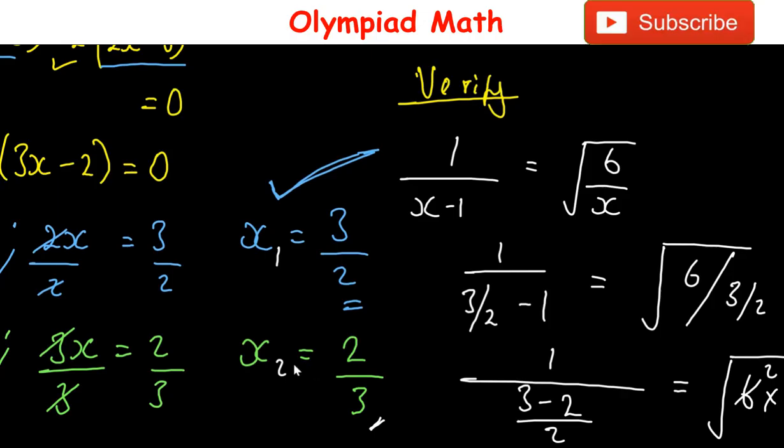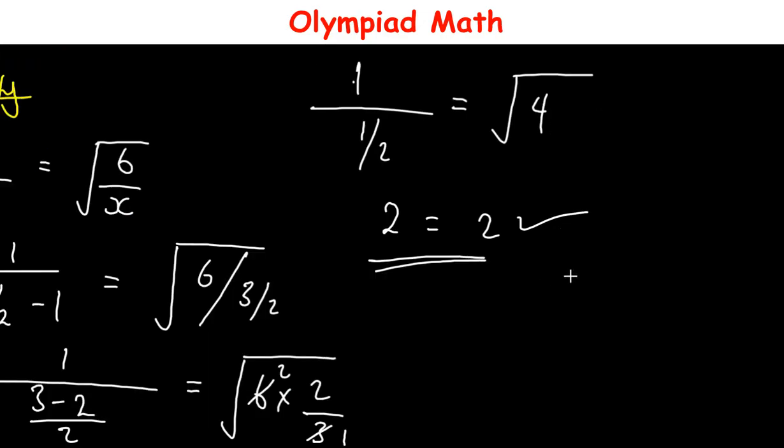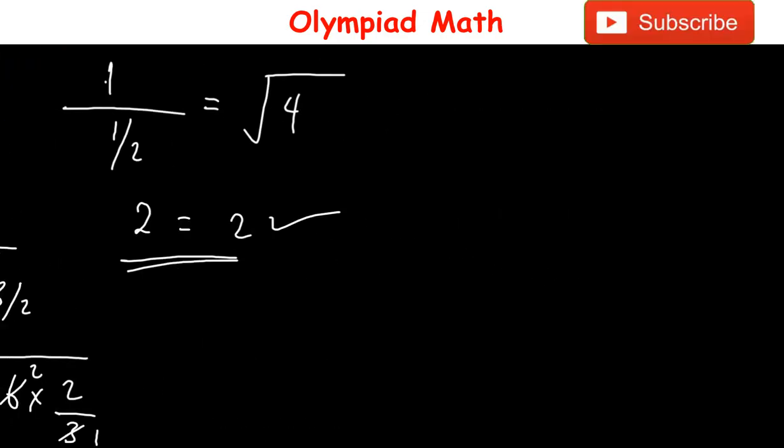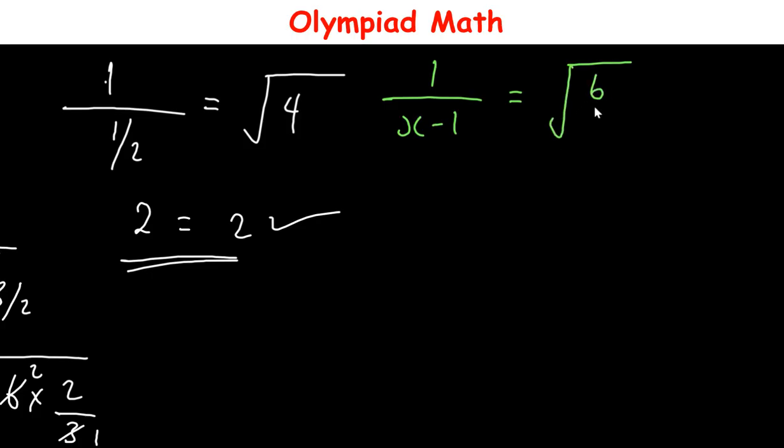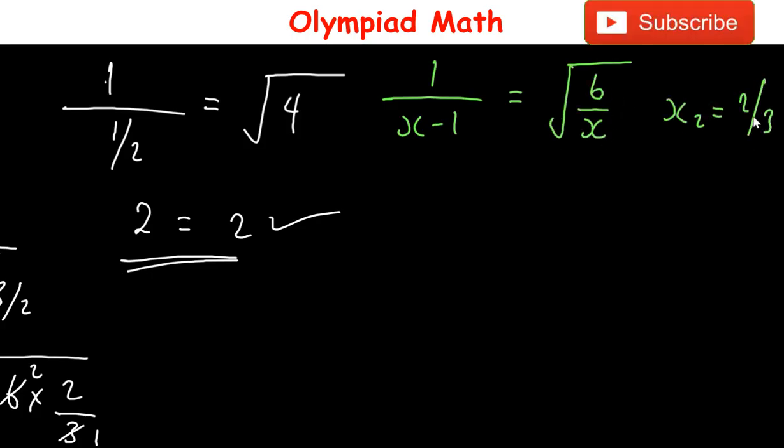Next, for x2 as 2 over 3, we put this into the given equation. So x is 2 over 3. The equation is 1 over x minus 1 is equal to the square root of 6 over x, and x2 is equal to 2 over 3.